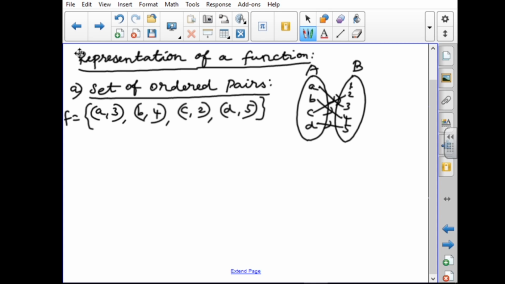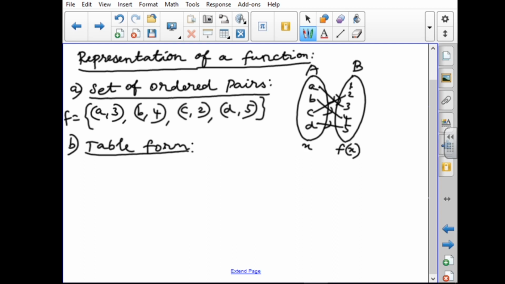Next, the second one, table form. This value is x, this value is f of x.